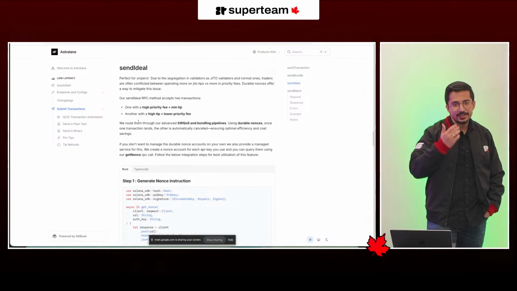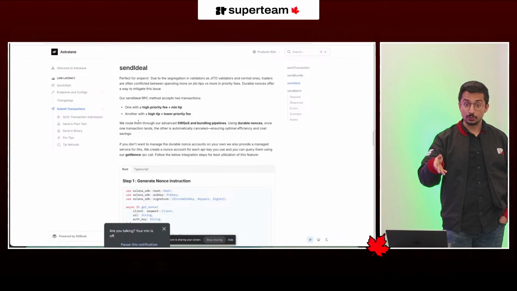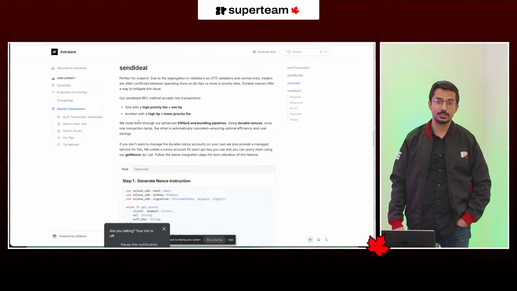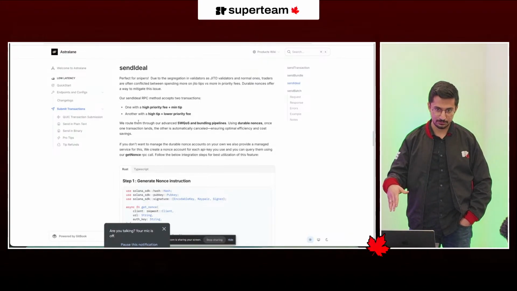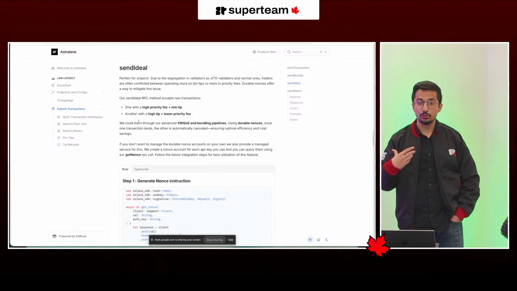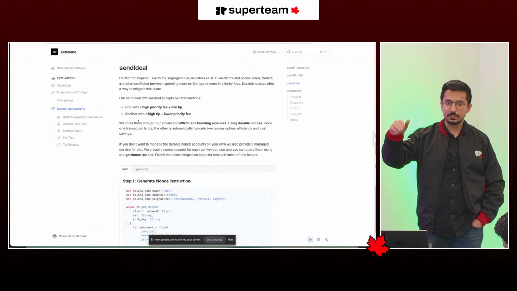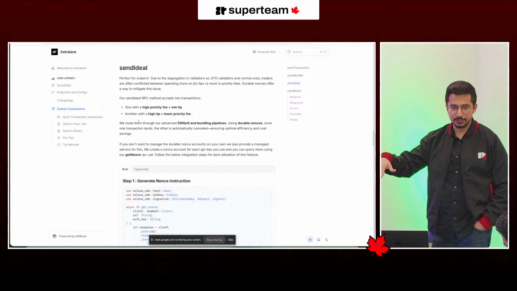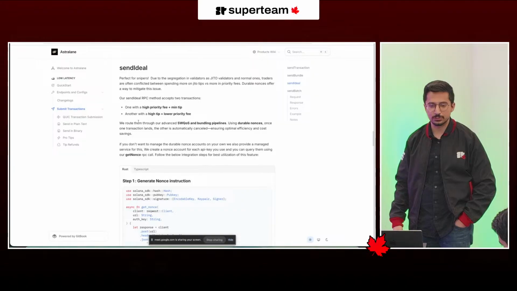So let's say you want to launch a pool, you launch a token on PumpFun and you want to snipe your own transaction, right? It's a particular use case because whenever you launch a token on PumpFun, external snipers come in and then they would take those tokens away, right?